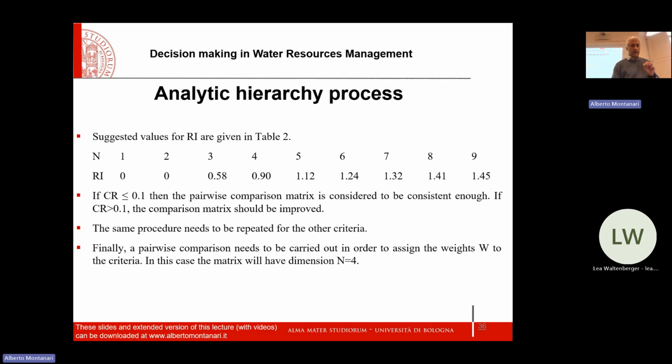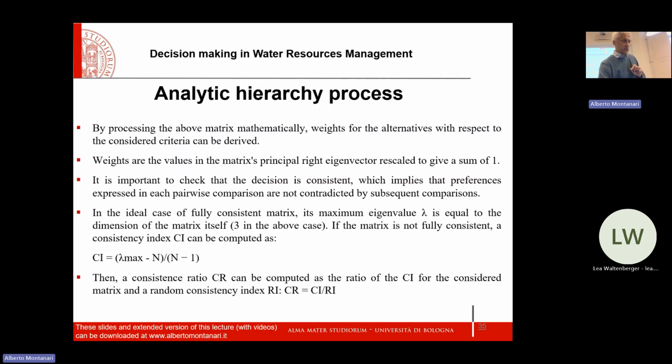Okay. So I hope you got it. So sorry. If the matrix is fully consistent, in this computation of CI, at the numerator there is 0, because lambda max is equal to n, and therefore CI becomes 0. Then you compare CI divided by RI.